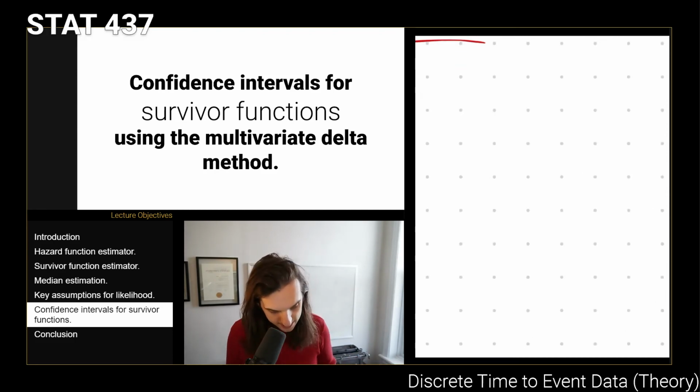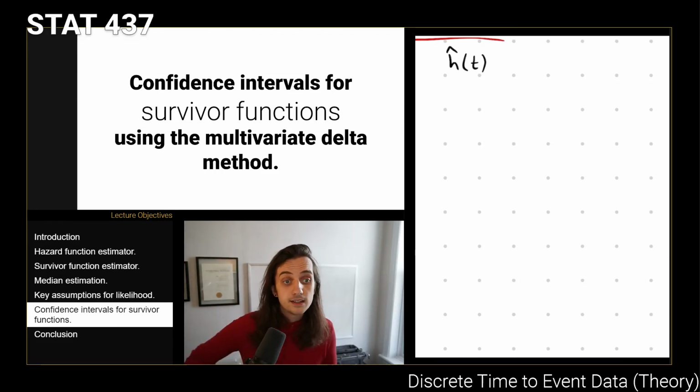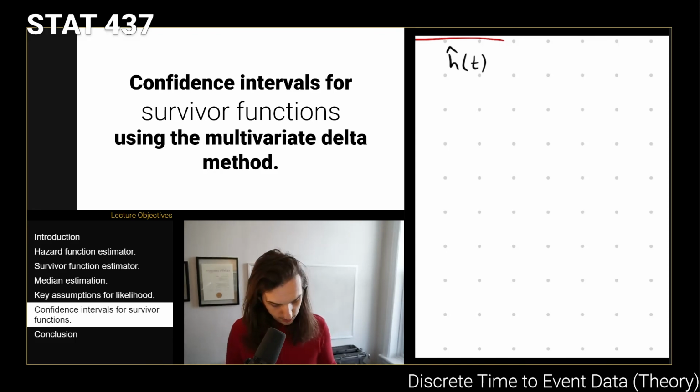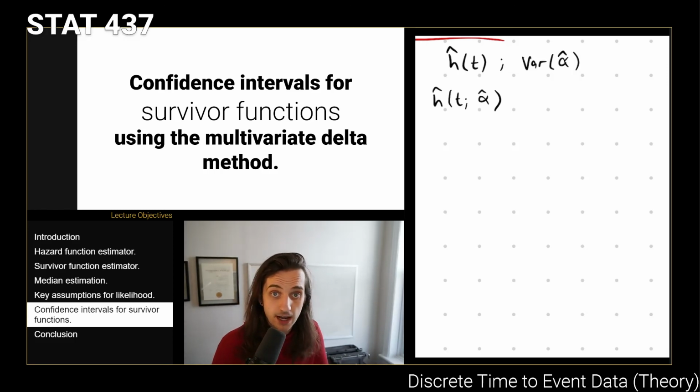So the idea is that we've estimated our hazard functions. And moreover, through using a GLM to fit the hazard function, we also have a variance estimate for, say, the parameter alpha hat. And what we're saying is that the hazard function is some function that relies on alpha hat, okay?